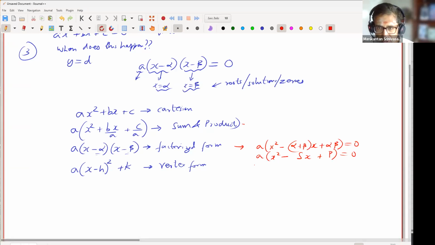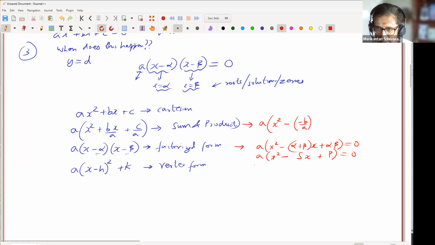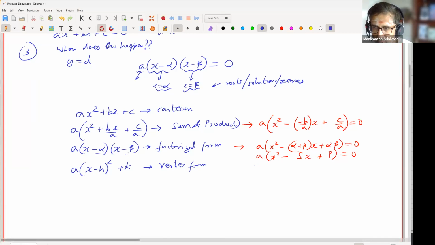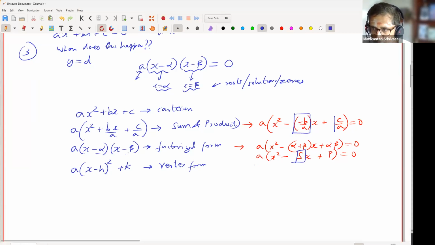So I can do some association here and say this is effectively a times x square minus b by a times x plus c by a equal to 0. Therefore, the sum of roots is minus b by a by comparison, and the product of roots is c by a by comparison.